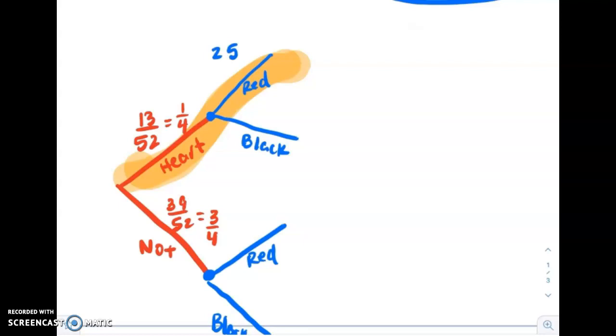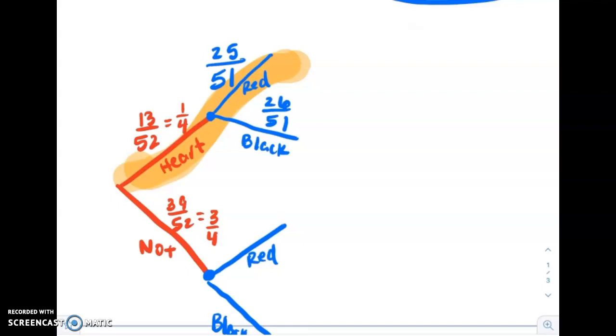And instead of 52 total cards, there's only 51 cards left because we've pulled a card. We don't need the black, but just to talk about it, there's still 26 black cards in the deck if we pulled a heart, but there's only 51 total. And those add up to 51 over 51, which adds up to 1.